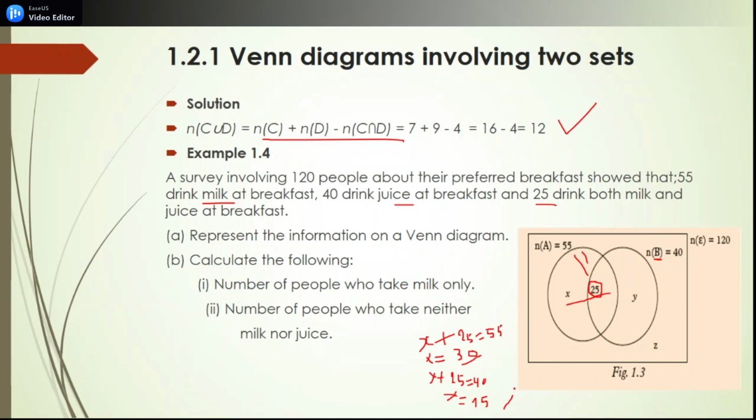The number of people who take neither milk nor juice: how many people take nothing?